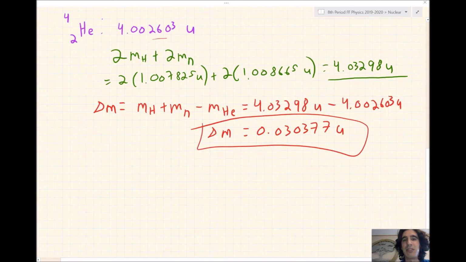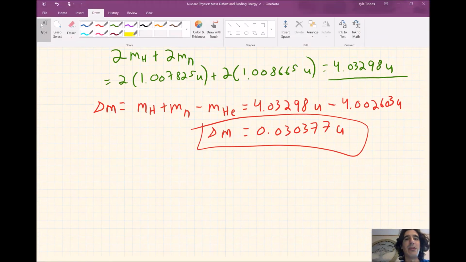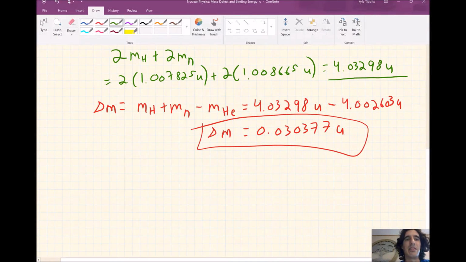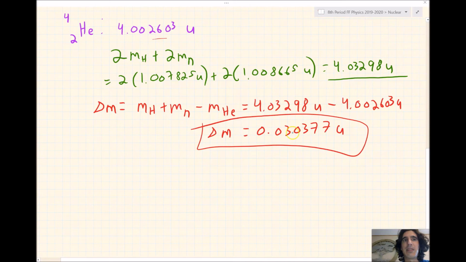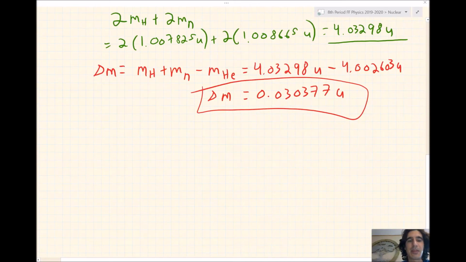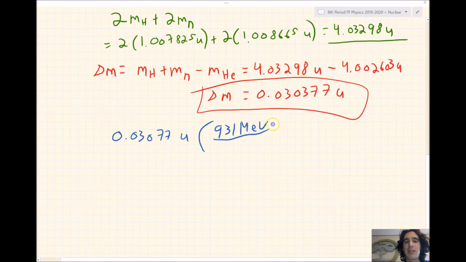We learned previously how to go from universal mass units to mega electron volts. So why don't we convert the mass to energy? That's equal to 0.030377 universal mass units, and we have 931 mega electron volts per 1 universal mass unit.